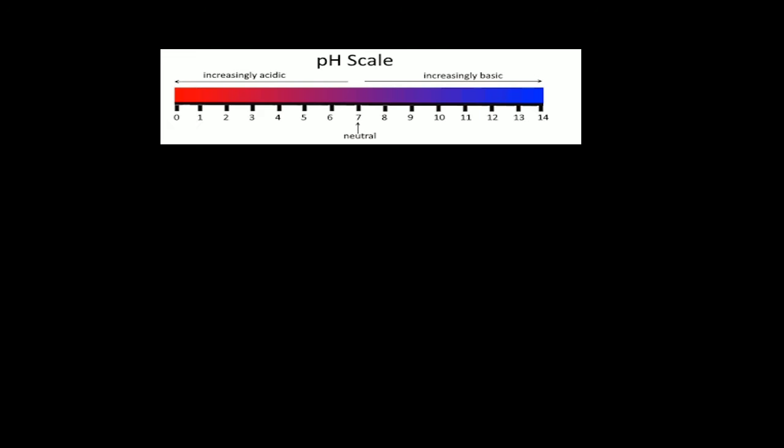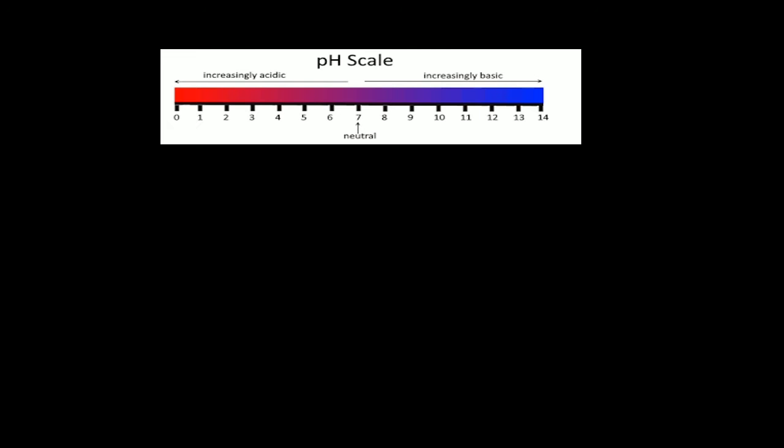How? The number 7 is given for neutral substances. Neutral substances have a pH value of exactly 7, like pure water, distilled water, sugar solution or salt solution.